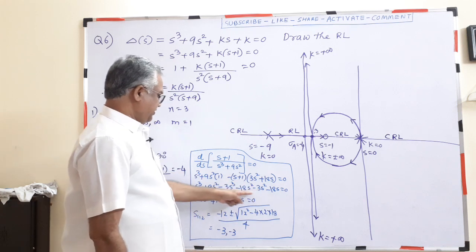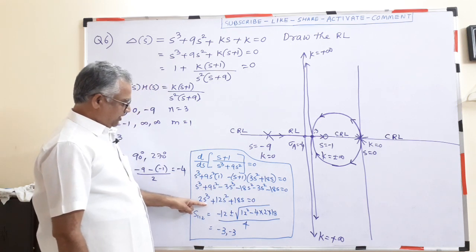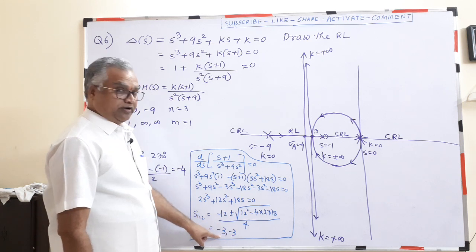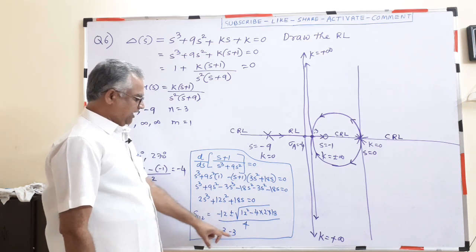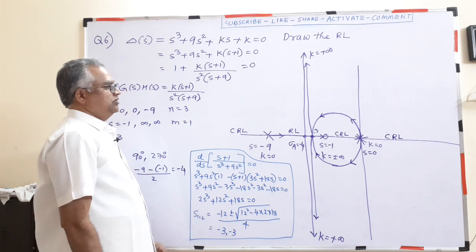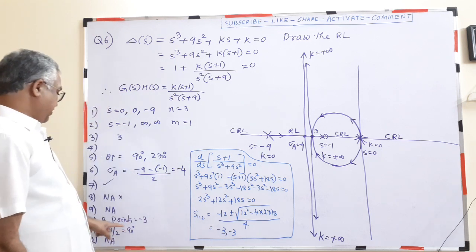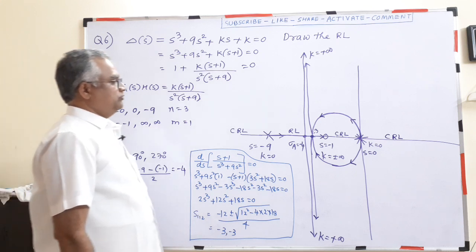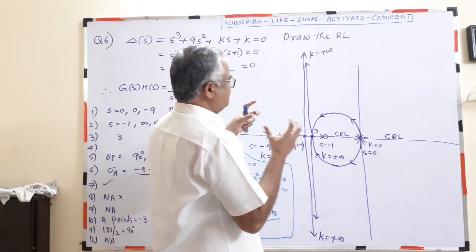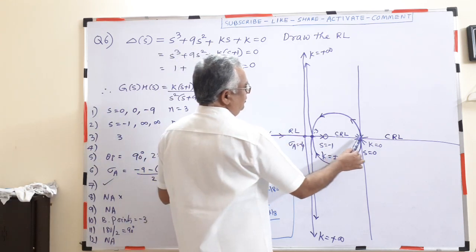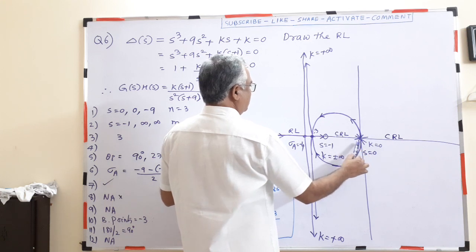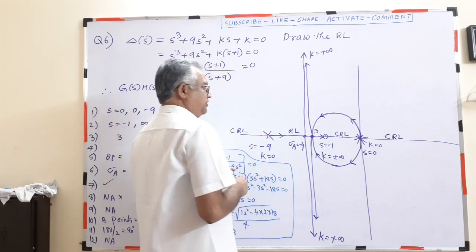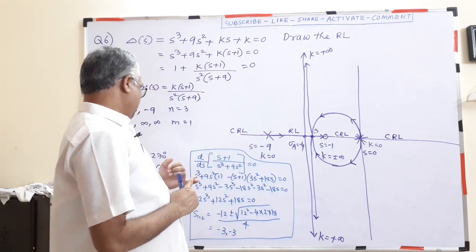Then multiply, you get this polynomial, simplify, find the roots, and you will get -3, -3. Two roots are real and equal, -3, -3. So where is the breakpoint? At -3. Now this mapping is important. Two poles are at the same point. There is one breakpoint.